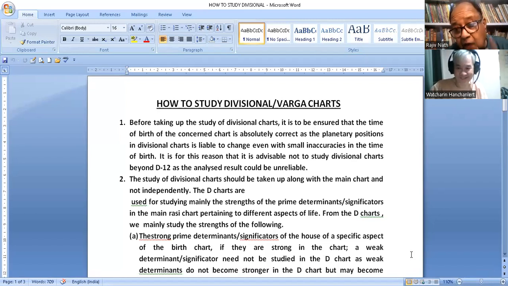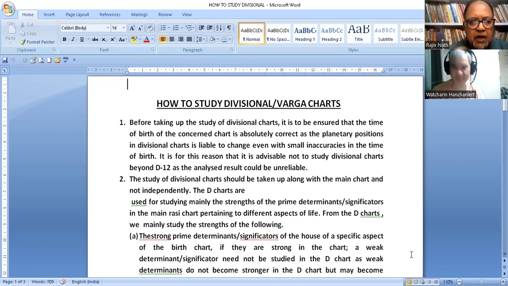But without referring to the divisional chart, that is D9, which is for marriage, we cannot make a prediction that marriage is promised. We have to look at the divisional chart. That is where astrologers go wrong. Either they don't have the requisite knowledge, or they don't give importance to the divisional charts or the Varga charts, and then they go wrong. And later on, when the event does not take place, in hindsight they say, oh, I forgot to look at the Varga chart, the divisional chart.